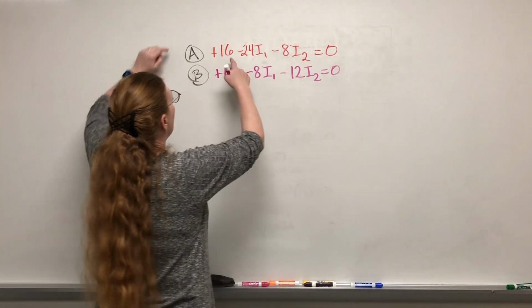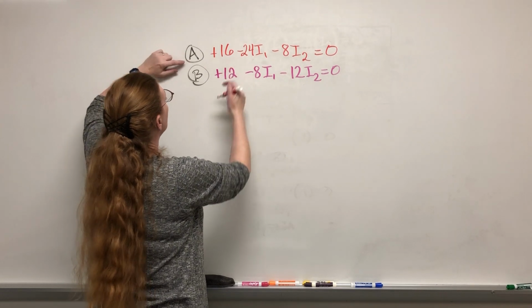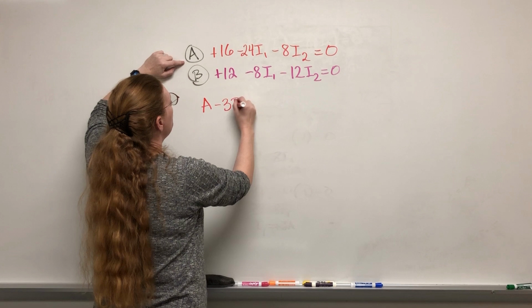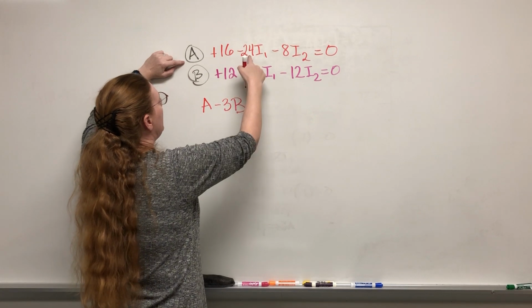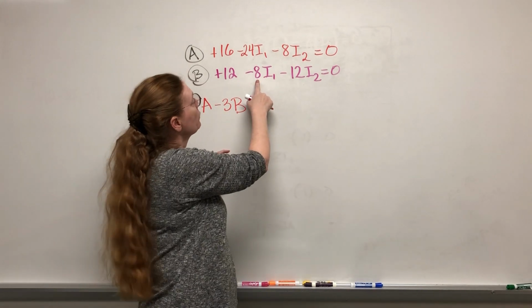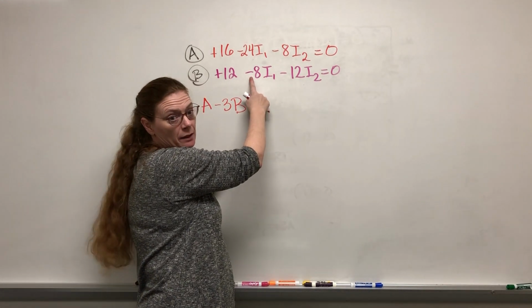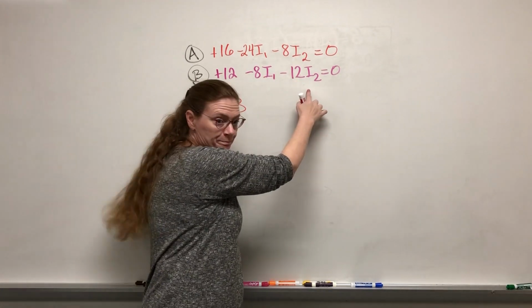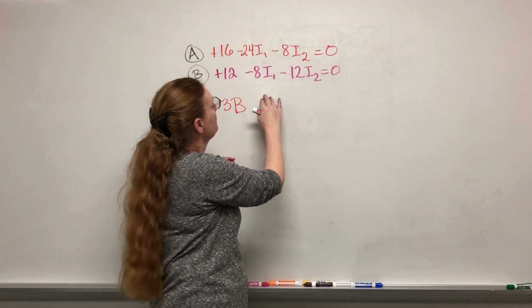So what do we got? I could do, let's see, A minus 3B. 3 times 8 would give me 24, and they're both negative, so I have to do the subtraction. That would be one way to solve for I2, because it would drop this one out.